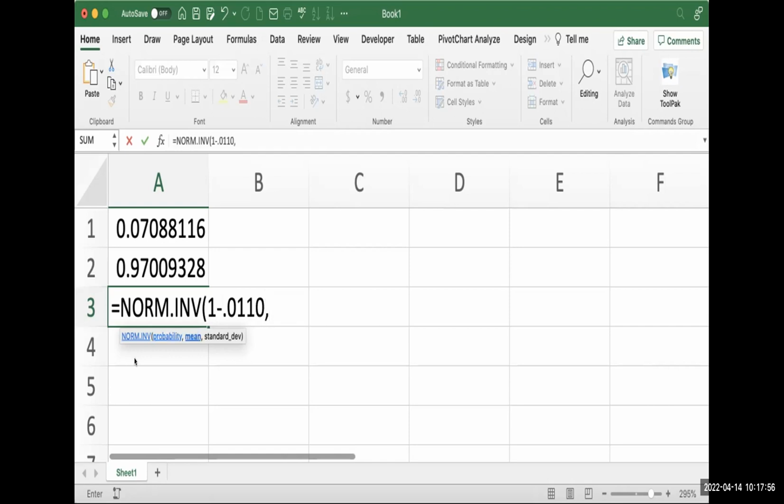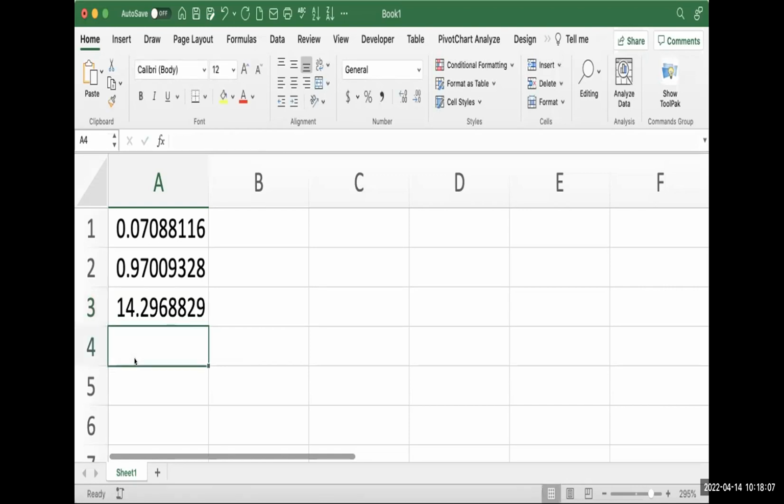The mean was 8.8 and the standard deviation was 2.4. And so I get 14.2968829. Let me write that down.